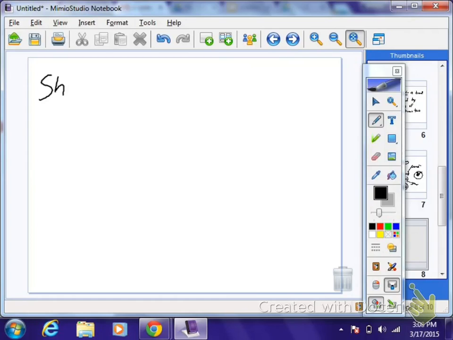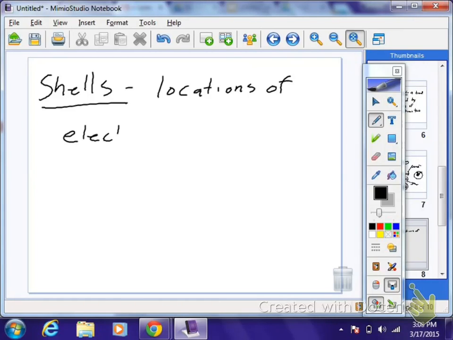So, if you want to write down notes, you can now. Shells are locations of electrons in an atom. We find out it's a lot more complicated than just a specific orbit.